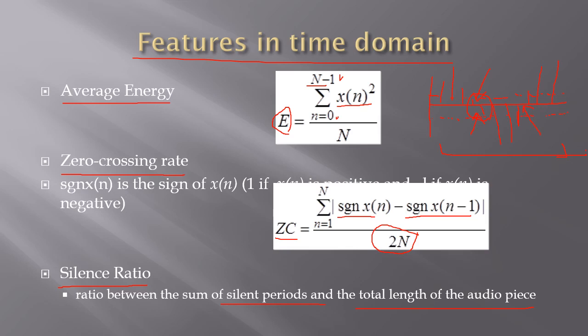So for this example, the silence length is only 2 signals divided by 1, 2, 3, 4, 5, 6, 7, 8, 9, 10, 11 in this example. So these are the features in the time domain. If you read other textbooks, you will find other features generated based on these very basic features.